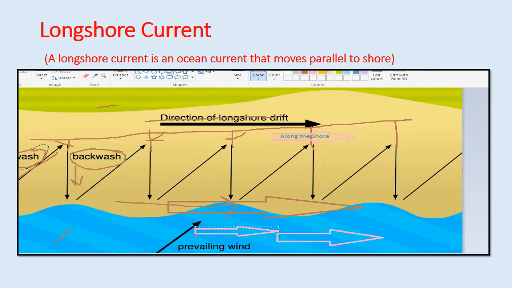If the angle of backwash and swash is extreme, then the longshore current will be more powerful. This is the basic theme of longshore or littoral drift and longshore current. Littoral drift and longshore current are a very important part of coastal depositional and coastal transportational landforms. It follows the shoreline.